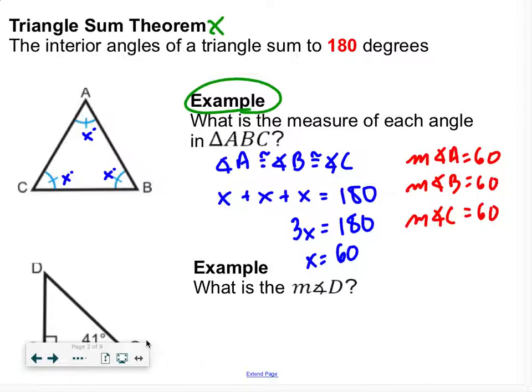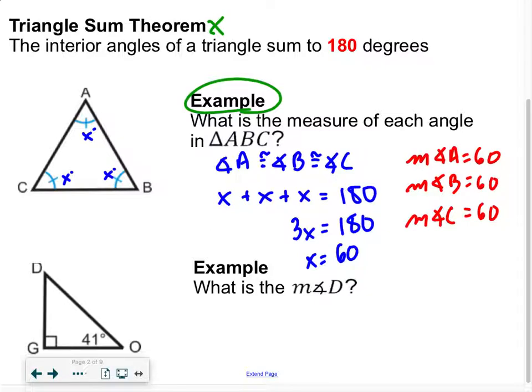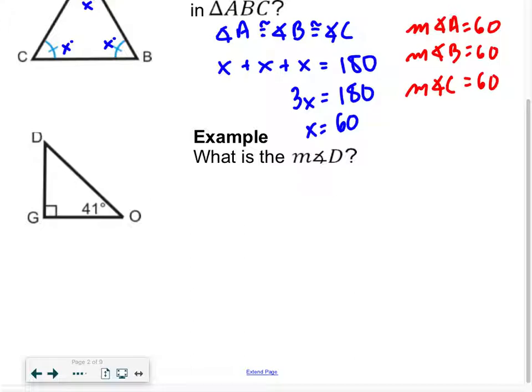Taking a look at our second example here, I've got a triangle DGO. We want to know what's the measure of angle D. Well, when I take a look at this particular problem, the box lets me know the measure of angle G is 90 degrees. The measure of angle O is 41.